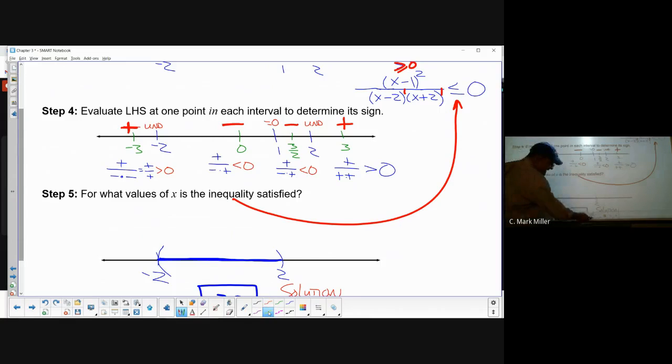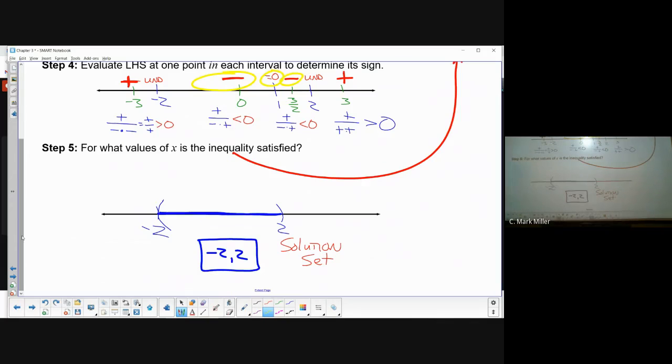And you see that it's less than 0 in this section, and it's equal to 0 at that point in the middle. So from -2 to 2, not inclusively, from -2 to 2 is our solution set. And that should properly have parentheses around it. Okay?